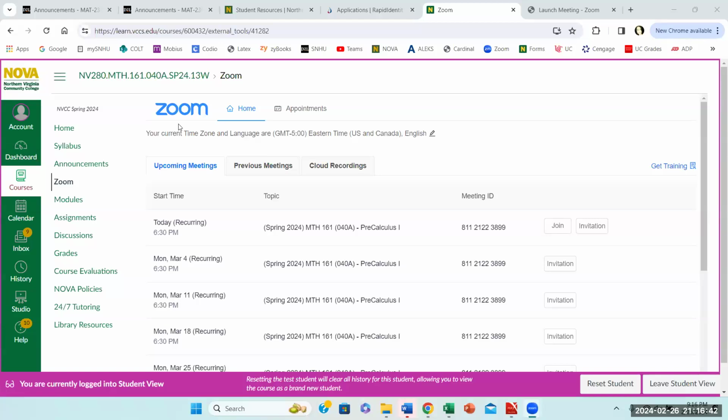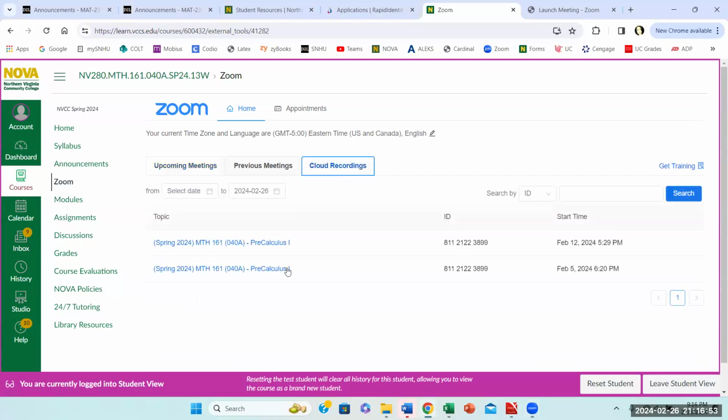All right, so here I just came on the left-hand pane to the Zoom, right? And here it says cloud recordings. And so when you click on that, you'll see the previous 2 classes here. So you can see this from February 5th, and this one was from February 12th.